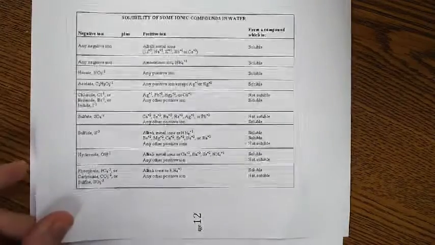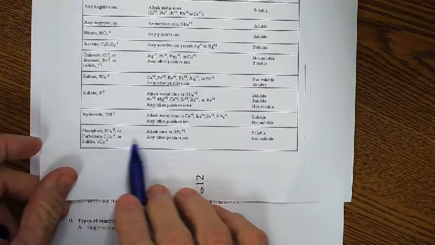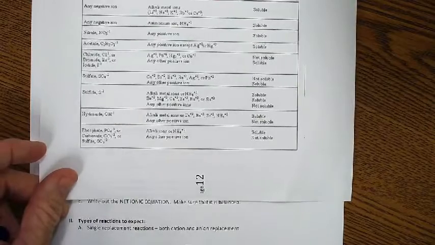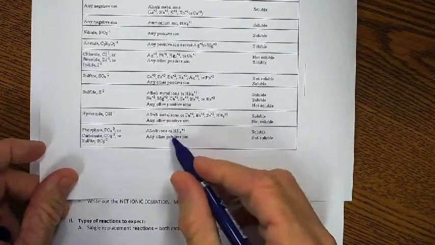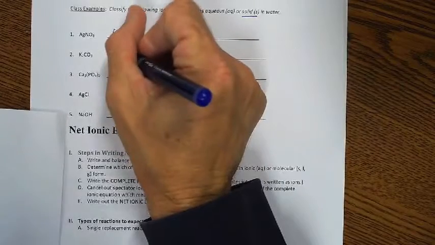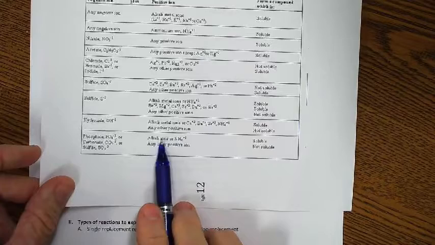So K2CO3: there's carbonate, and alkali ions are in the first column. Those are called the alkali metals in column 1 on the periodic table, and potassium is one of those, so that's soluble as well, so that would be aq. Calcium phosphate: there's phosphate.